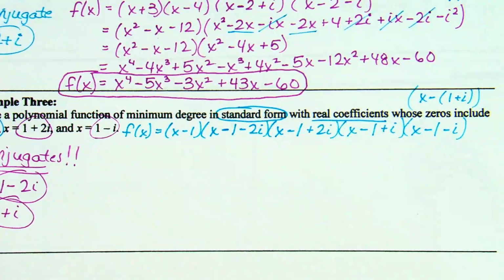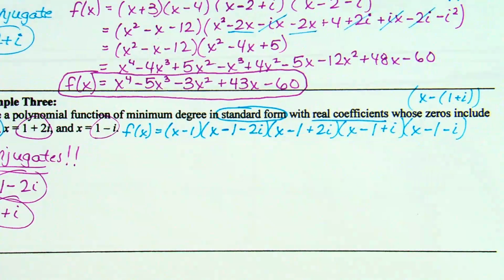Do we get to stop here? We wish. What do we have to do? A whole bunch of multiplication, right? A lot of big time foiling. Now, what's my recommendation? Okay, do your pairs together. So start off doing your conjugates.